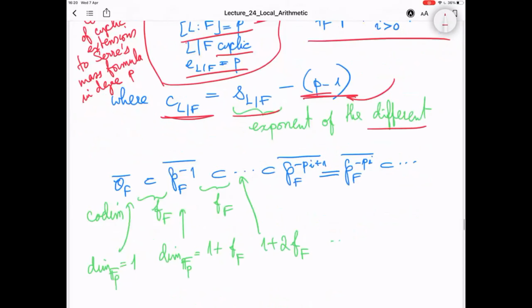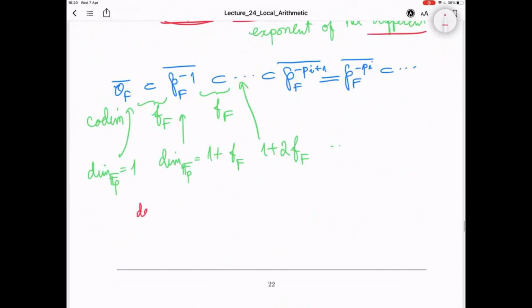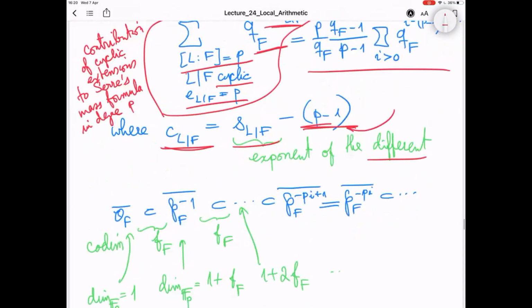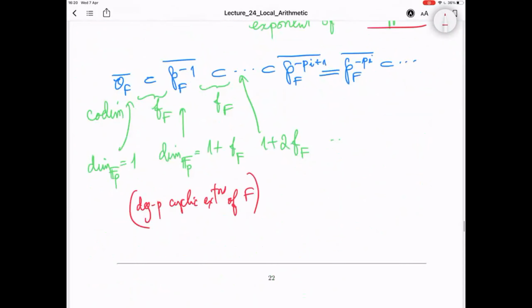What was the idea? The idea is that degree p cyclic extensions of F correspond to lines in F plus modulo p, F plus.